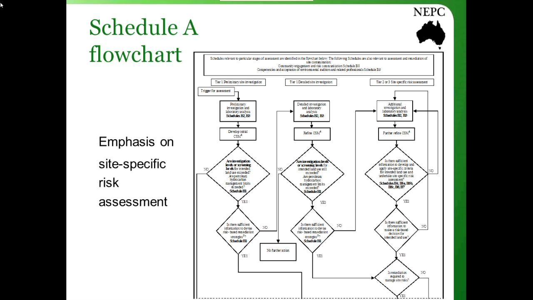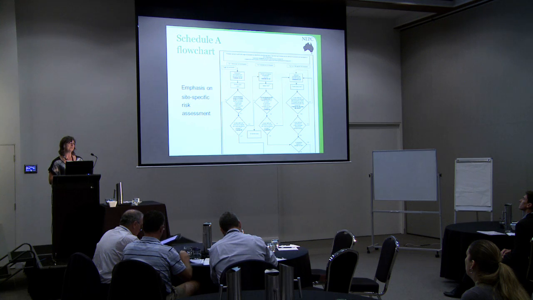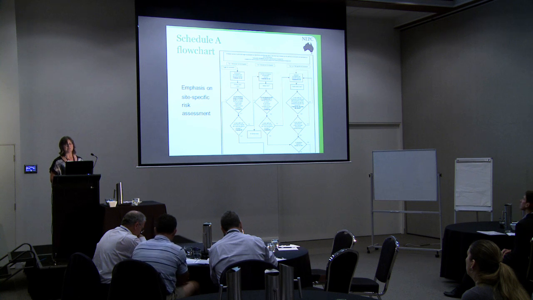I'm sure the environmental consultants in the audience are very familiar with this, with a Tier 1 assessment with a PSI and perhaps a fairly straightforward DSI, referring to the investigation levels in the NEPM, and if some of the contaminants exceed the investigation levels, then proceeding to a more detailed site investigation.